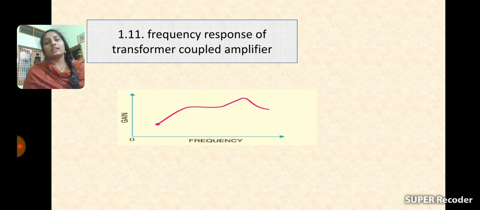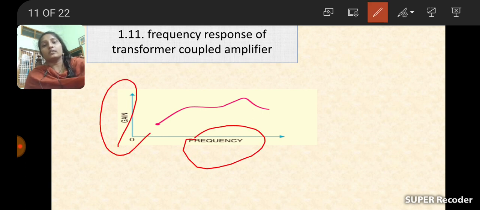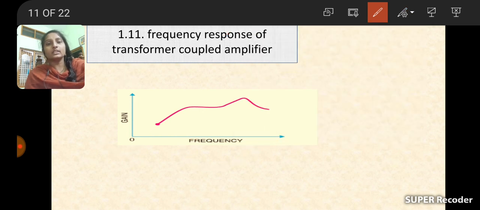So see here, already I said that the curve that must be drawn between the frequency and gain of the given voltage is called frequency response. Okay, and see here the frequency response is always poor, not at all constant at any time.